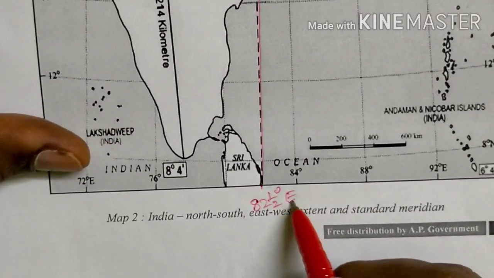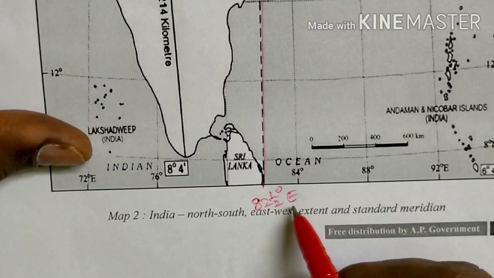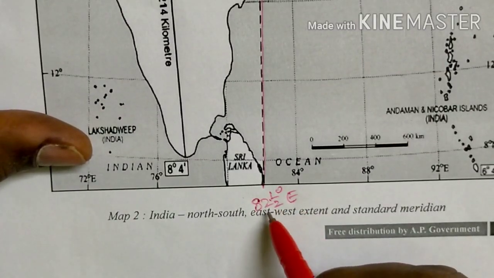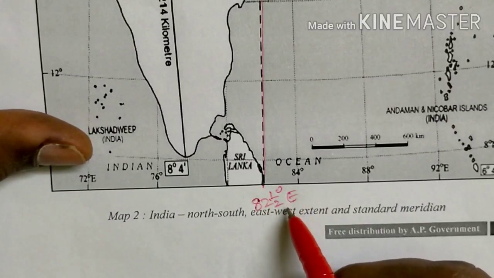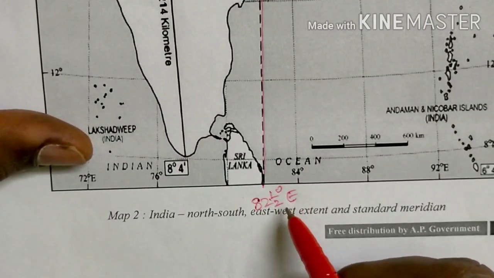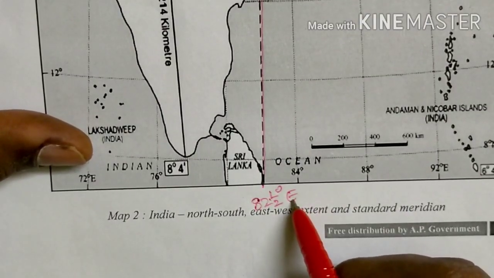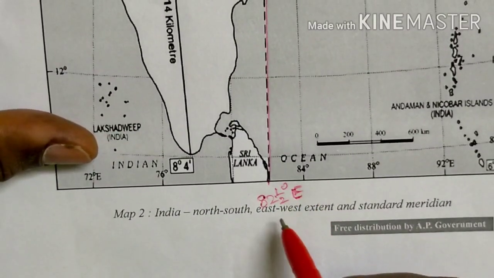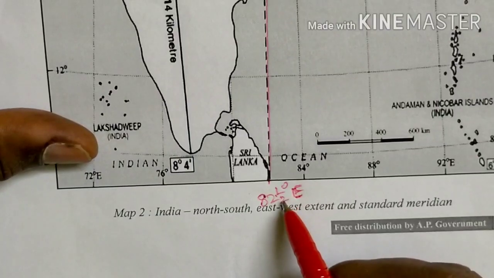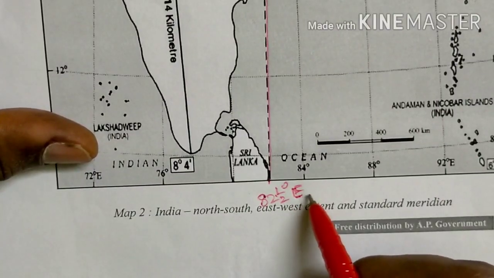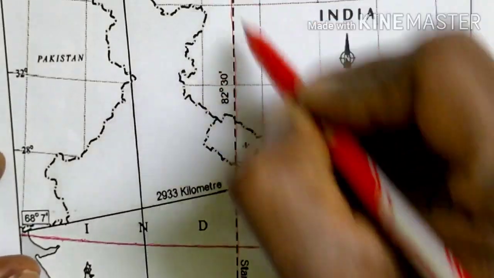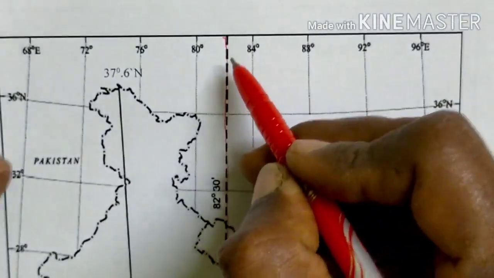Don't forget to write E, because there is also another 82 and a half degrees longitude. That is west. This is east. So don't forget to write E. 82 and a half degrees east longitude. This is the Indian Standard Meridian.